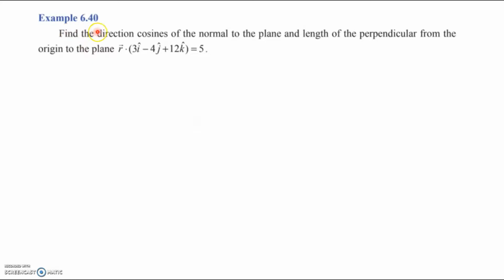Example 6.40. Find the direction cosines of the normal to the plane and the length of the perpendicular from the origin to the plane, which is given by this formula. Now, we know that this can be defined as our vector d, and we can call 5 as q.